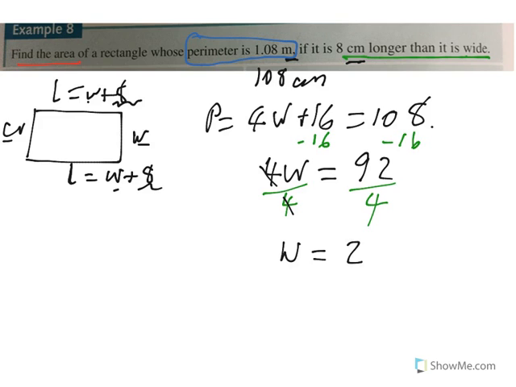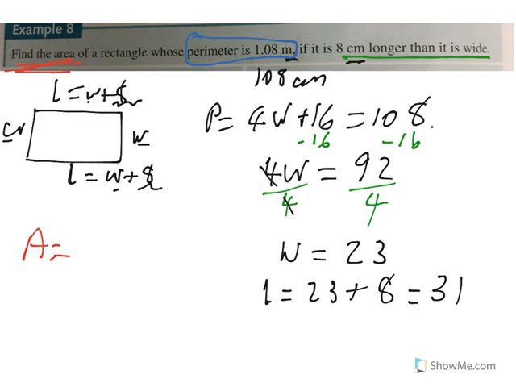When you figure that out on your calculator, you get 23. And so the length is the width, 23, plus 8, which is 31. We were asked to find the area, so our area is 23 times 31, which would be 713 square centimetres.